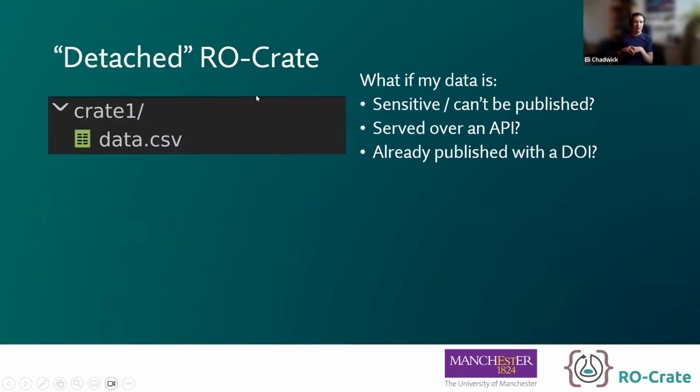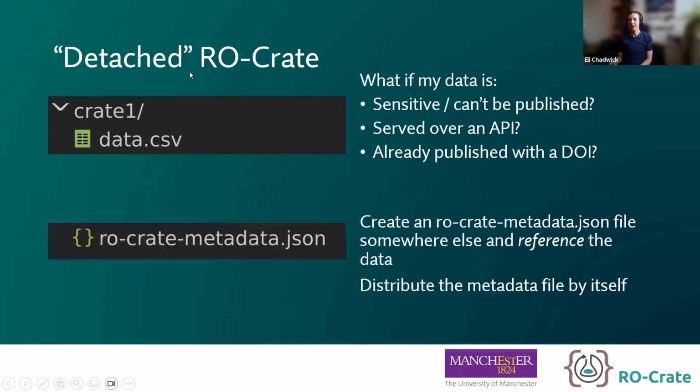Now, you might be thinking about your particular use cases and thinking, oh, my data is sensitive, it can't actually be published. Or maybe your data is already served over an API through a particular data repository. Or maybe it's already been published and it already has a DOI and it hasn't got this metadata file in it. In those cases, you can still use RO-Crate. You can use what we call a detached RO-Crate, where the metadata is detached from the data it's describing.